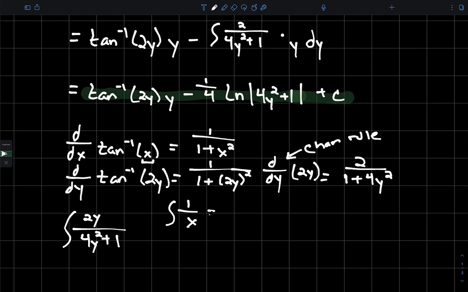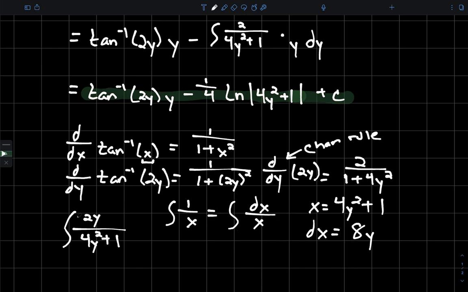Rewrite it as dx over x. In our case, our x is 4y squared plus 1, and the derivative of that is 8y.